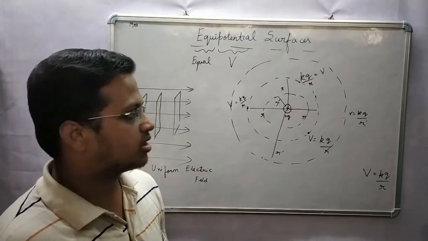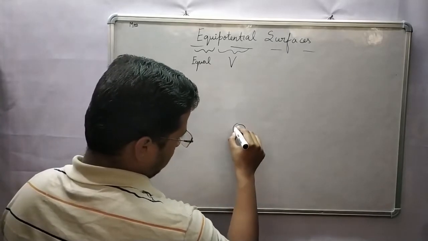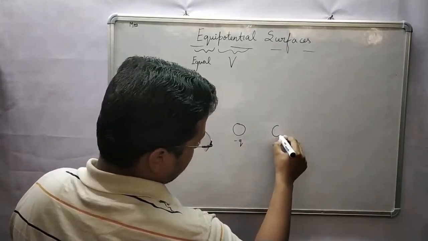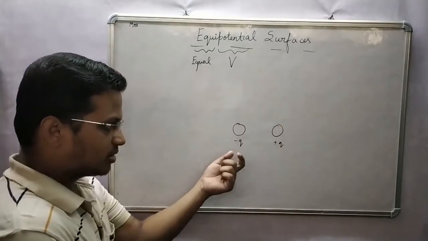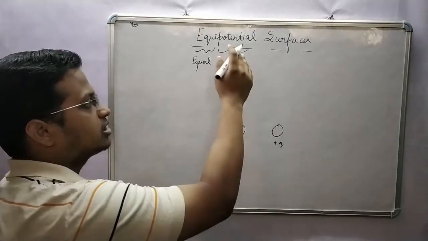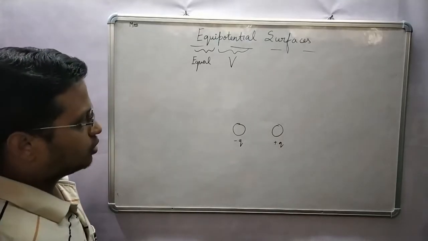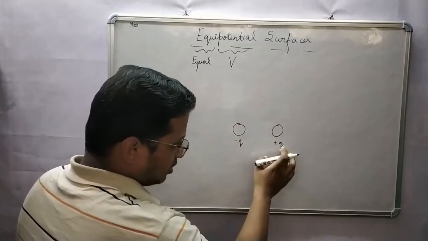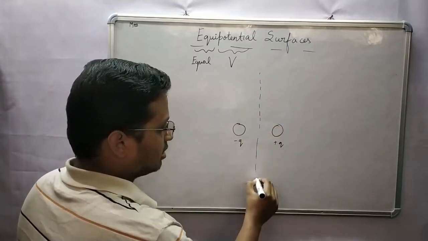Alright. Now if we take a dipole consisting of negative Q and positive Q separated by some distance, what will be the equipotential surfaces due to this configuration? If you remember, while deriving the potential due to a dipole, we saw that the potential along this line is 0.